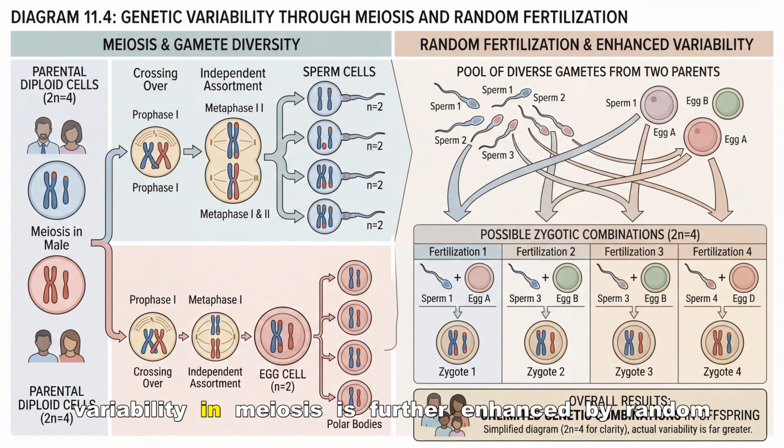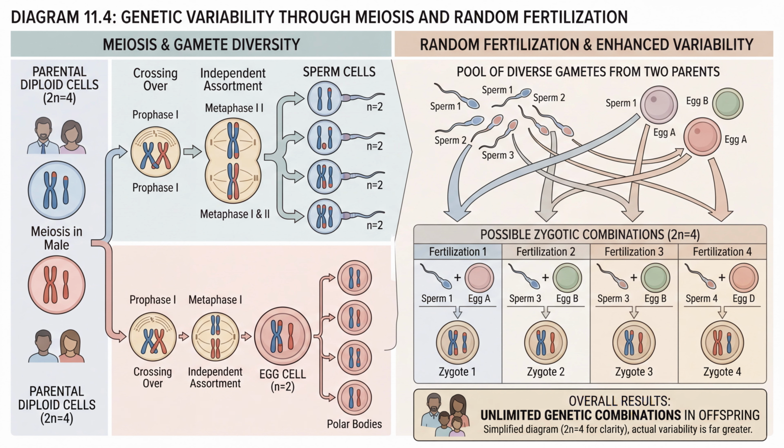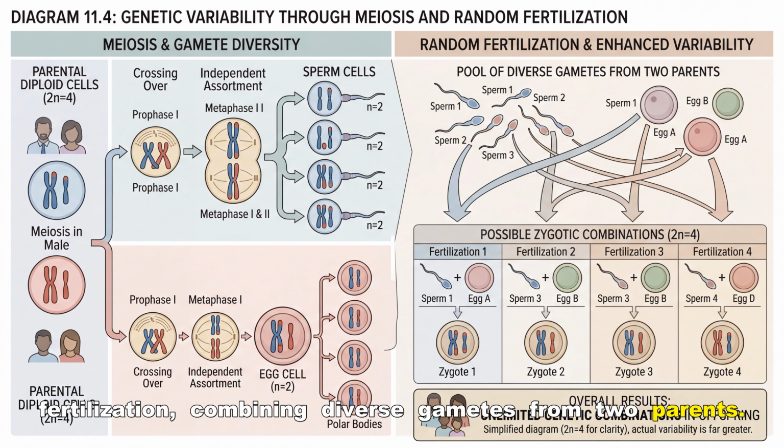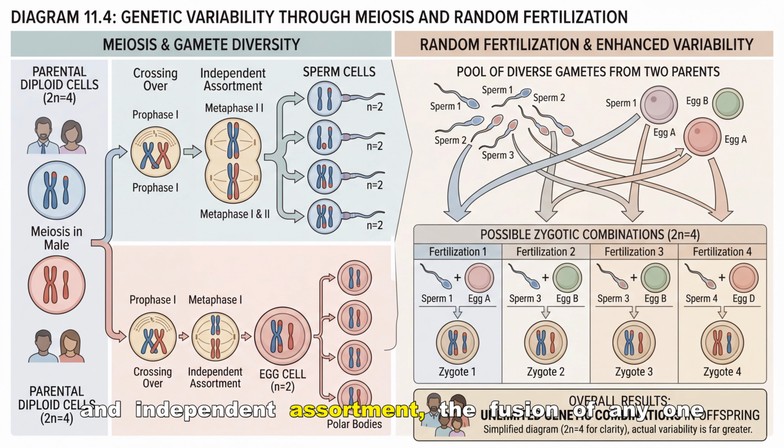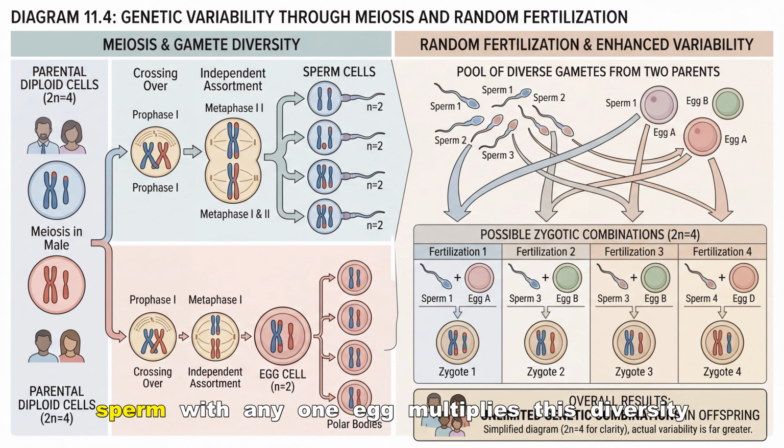Genetic variability in meiosis is further enhanced by random fertilization, combining diverse gametes from two parents. While meiosis generates diversity through crossing over and independent assortment, the fusion of any one sperm with any one egg multiplies this diversity dramatically.